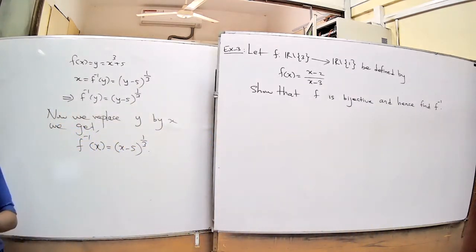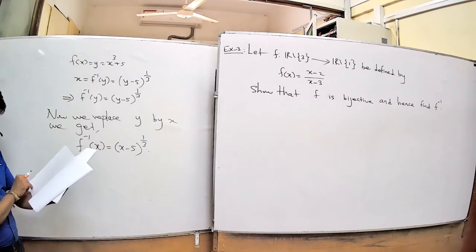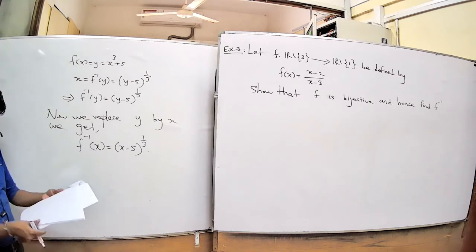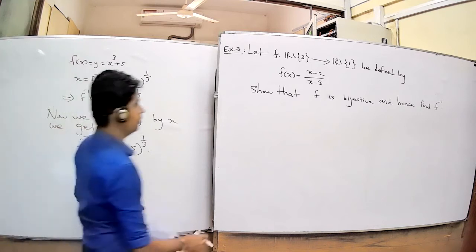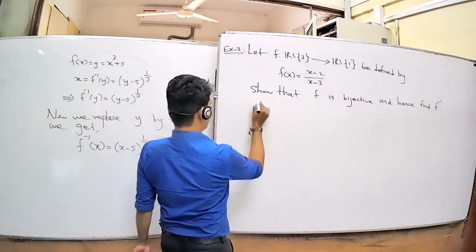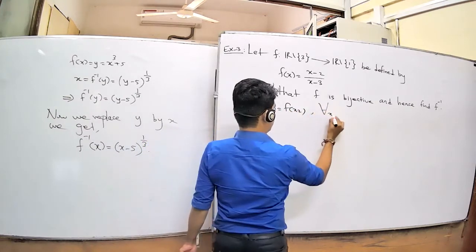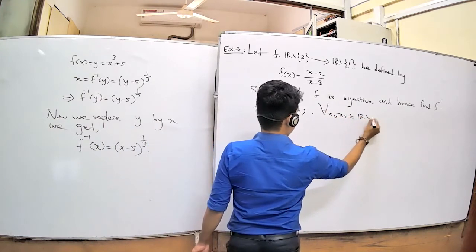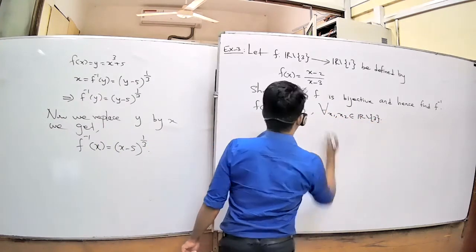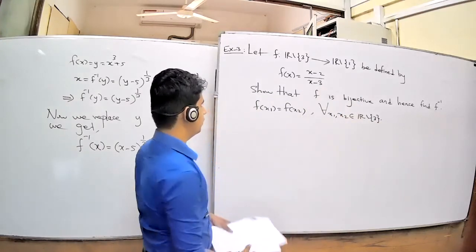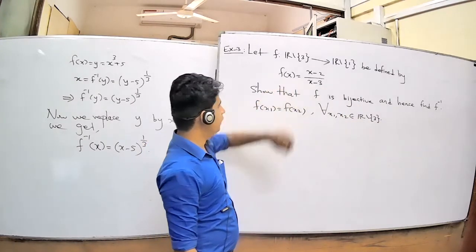Therefore, for bijective, take f of x1 equal f of x2 for all x1, x2 belonging to R minus {3}. x does not take the value 3 because if it's 3, then it's not defined.